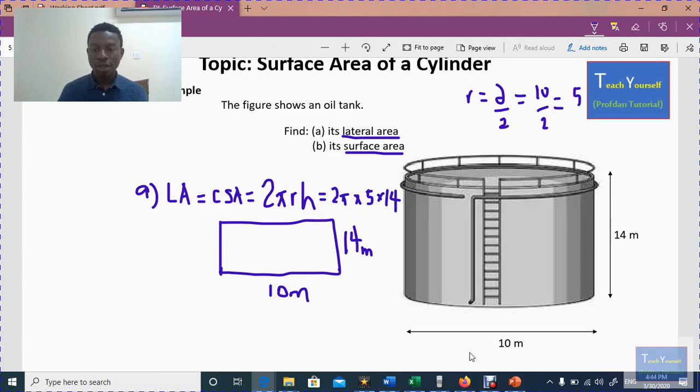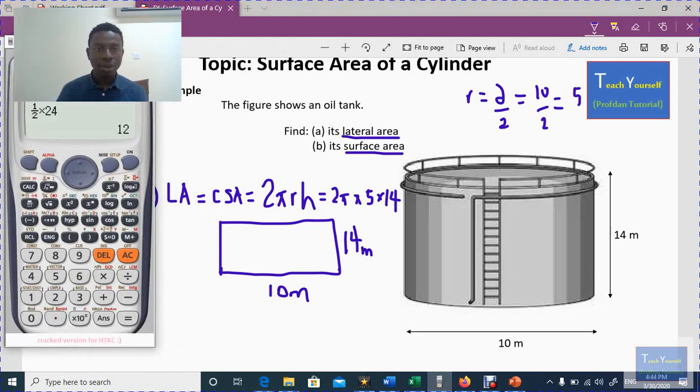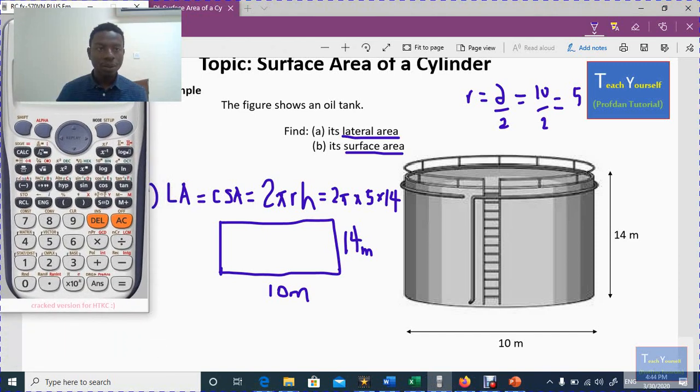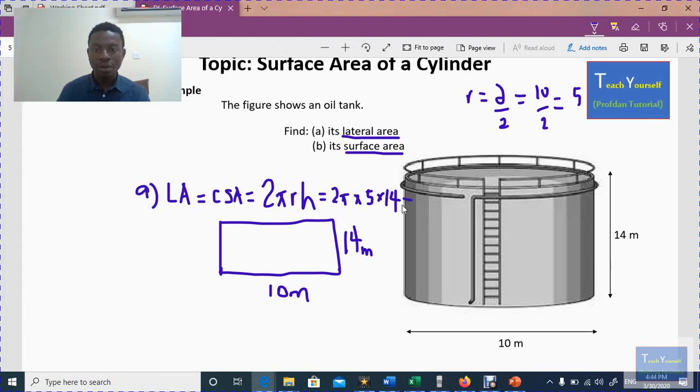So our final answer is 2 pi times 5 times 14, and that gives 140 pi, or 439.8. That is the area of the side, or the curved surface area, or the lateral area.